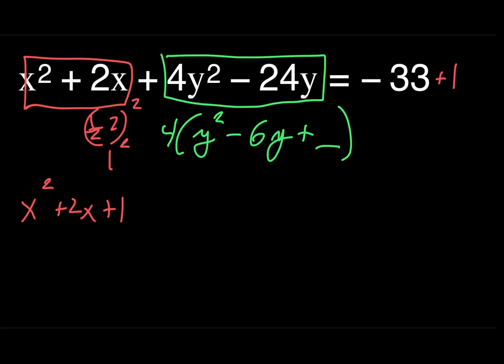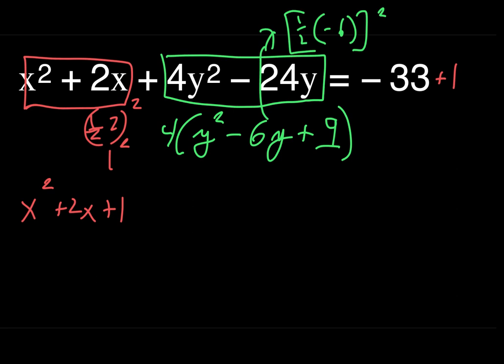So now this is my b. I'm going to do it up here, just so I have some space down below. I'm going to take half of negative 6 and square that. So half of negative 6 is negative 3. Negative 3 squared is 9. Now be careful here.